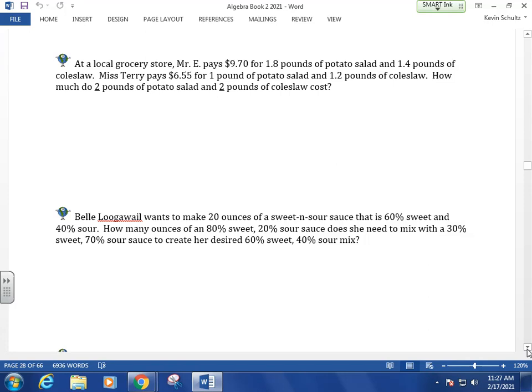So kind of two things that are a little bit different here that you just need to pay attention to and don't let it block you. Sometimes decimals can be a mental block to people, right? But if this had said, Mr. E pays $9.70 for 2 pounds of potato salad and 3 pounds of coleslaw, what would the 2 and the 3 represent in your equation when you set it up?